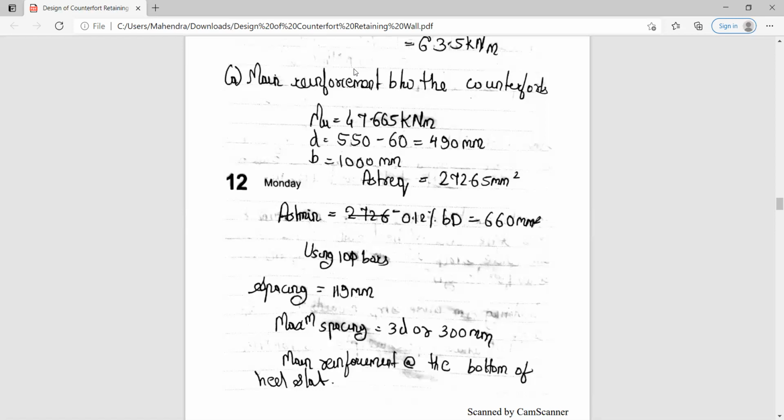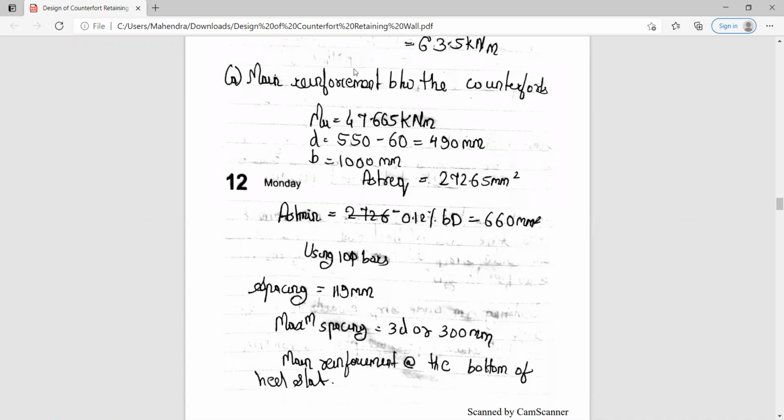And after calculating Ast required, you can calculate Ast minimum. To calculate Ast minimum, again you have the formula, that is percent of B into D. So just substitute all the values and you will get Ast minimum. Then you have to use 10 mm diameter bars and calculate the spacing.